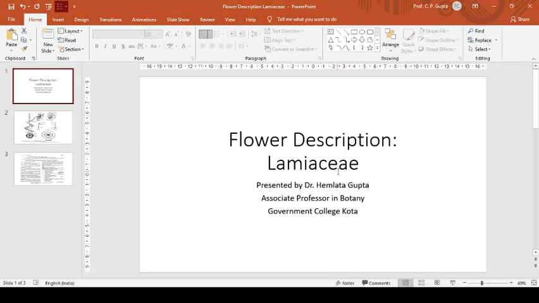Aids for field identification of this plant: this is a perennial herb. Perianth is showy, leaves scented, and inflorescence is verticillaster.